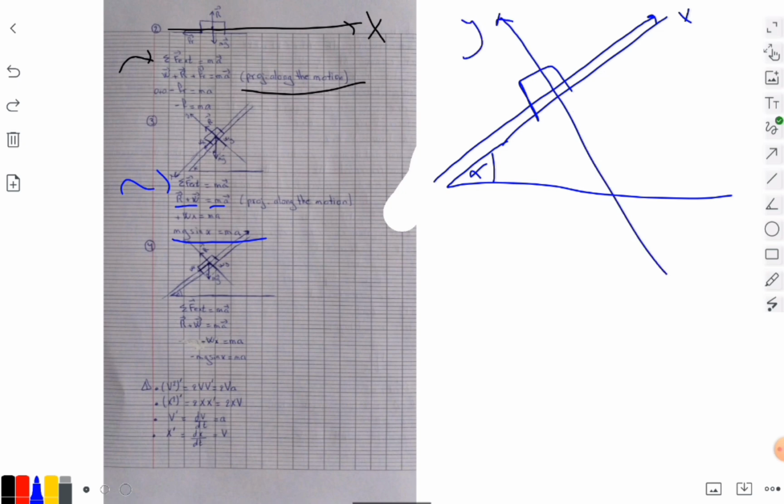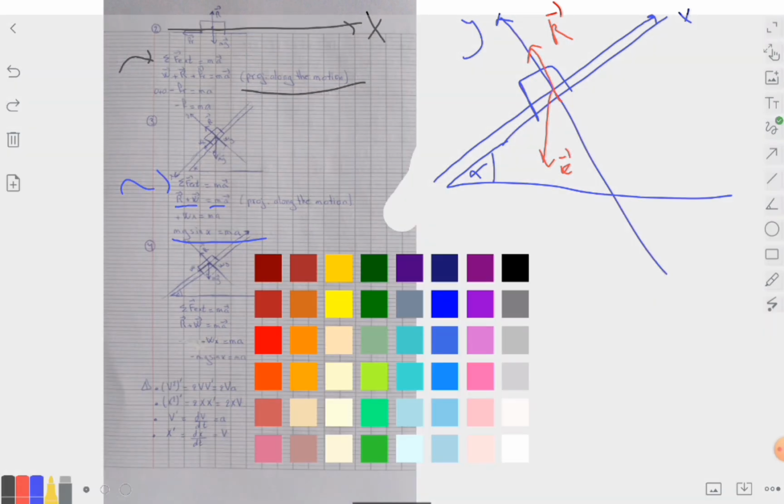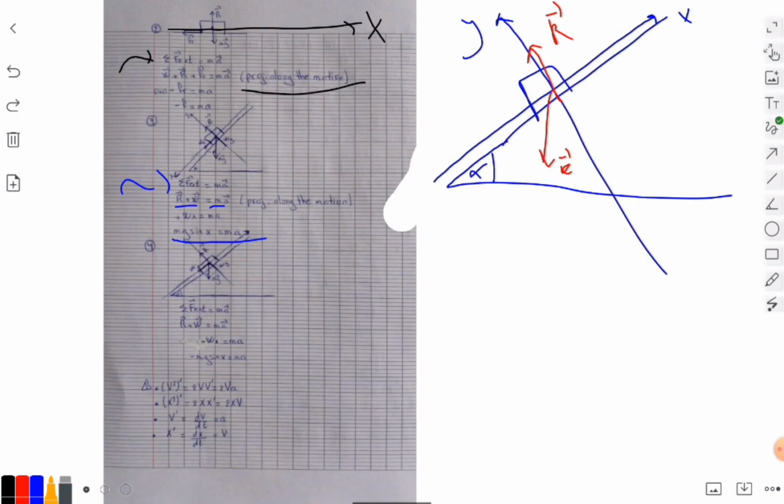The forces are reaction of support and weight. We must project w on the y-axis, wy, and on the x-axis is wx.